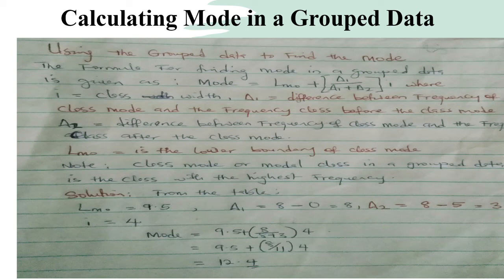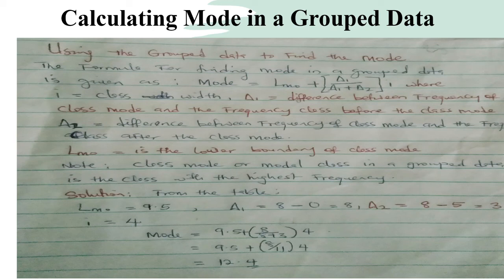Our first class is 10 to 13, so our lower class boundary will be either 10 minus 0.5, or noting that the last class limit before 10 is 9, you add 0.5 to 9.